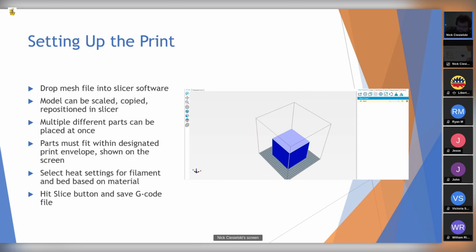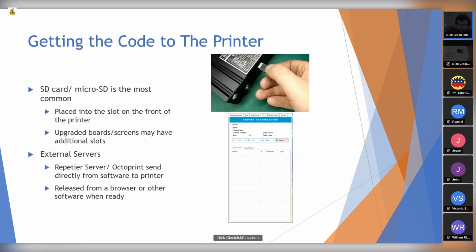And then once we have all the selections set up, we hit slice, and it's going to generate G-code. And the G-code is going to tell the printer what to do. So at that point, we can take the code, put it on a micro SD card or USB stick, whatever the printer takes, and place it into the slot.